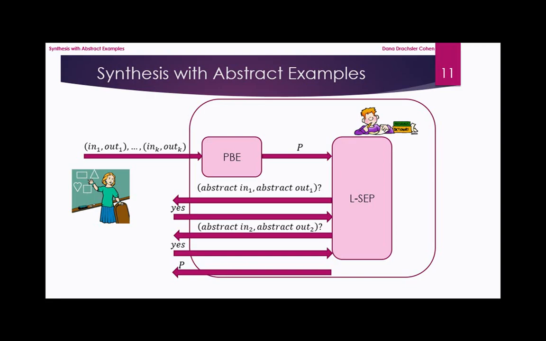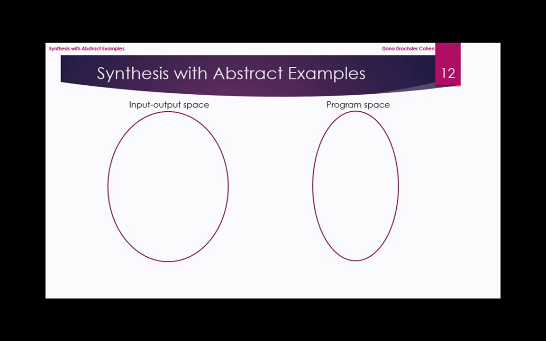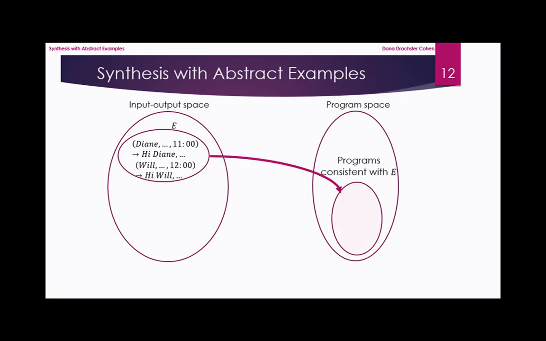Let me demonstrate this back on our running example. We had the input space and the program space. We were given an initial set of two input-output examples, and we were looking for some program. But at this point, before returning it immediately, we generate abstract examples. If you recall the wrong behavior of the program, we return this abstract example.